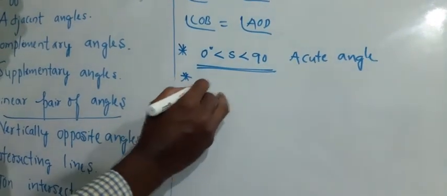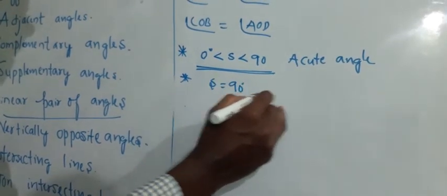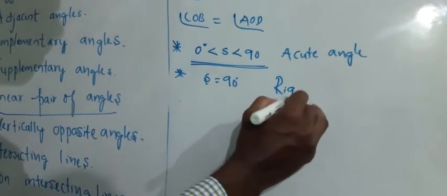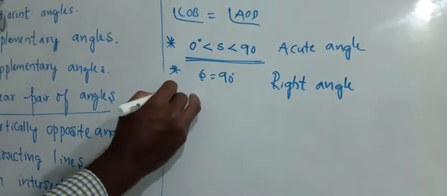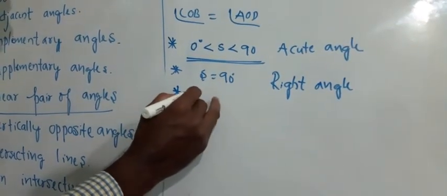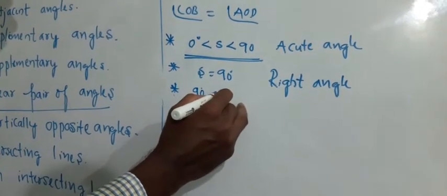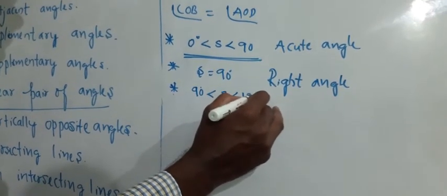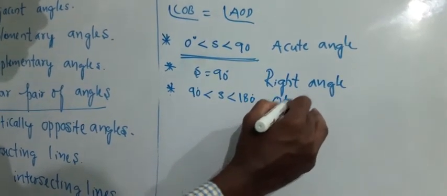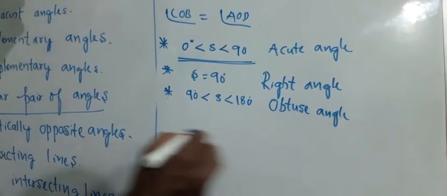If the angle is exactly 90 degrees, we call it a right angle. If the angle is greater than 90 and less than 180, we call it an obtuse angle.